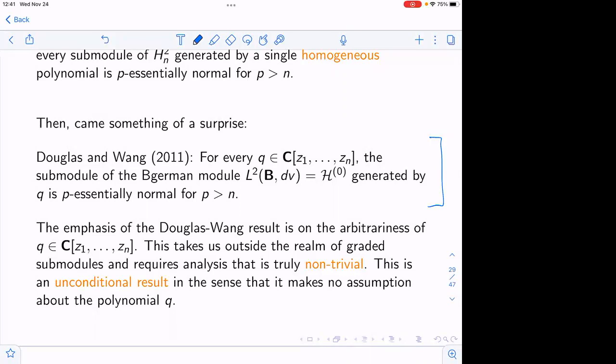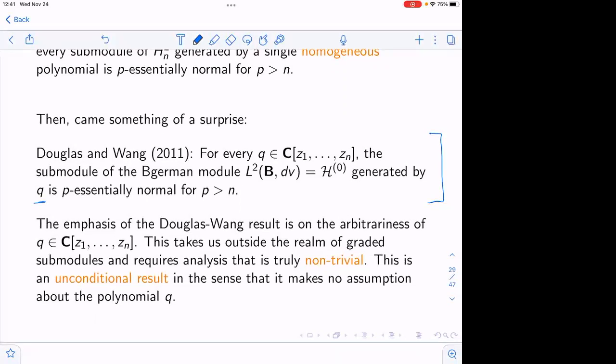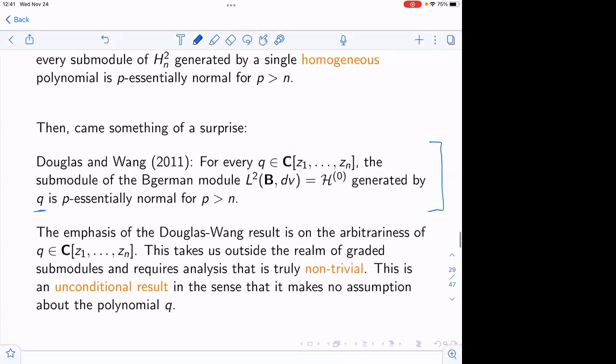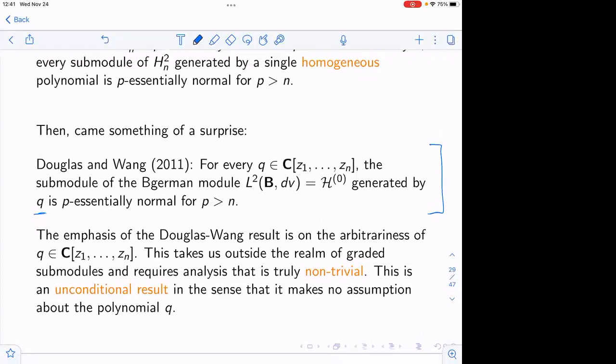In this 2011 result, they showed that for every polynomial Q, the submodule of the Bergman module generated by the polynomial Q is p-essentially normal for p greater than n. In other words, there's no restriction on what this Q might be.